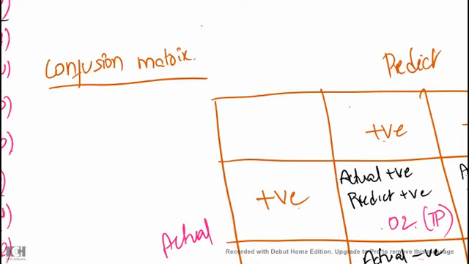Now, what is the difference between these two? Total predicted positives means, in this, what is the total value? 2 plus 4, 6. This is the total value. Actual positives are 2 plus 1. This is the total value of actual positives. Total number of actual positives is 3, and total number of predicted positives is 6.